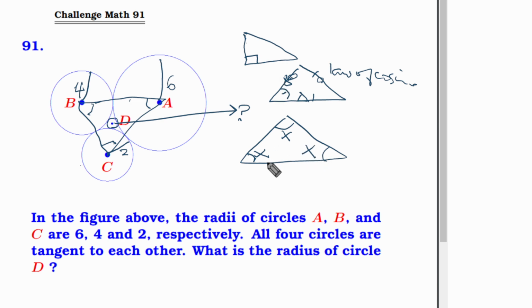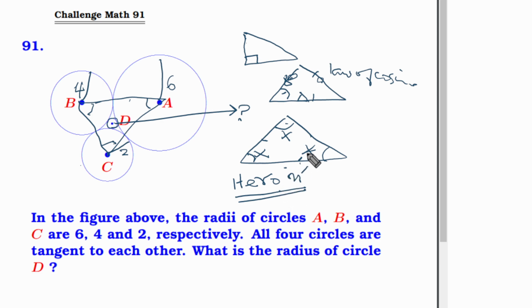In this case, another tool will be Heron's theorem. With only the three sides known, without any information about any angle, you use Heron's theorem, or Heron's formula. Either way, same one. So you study this one first.